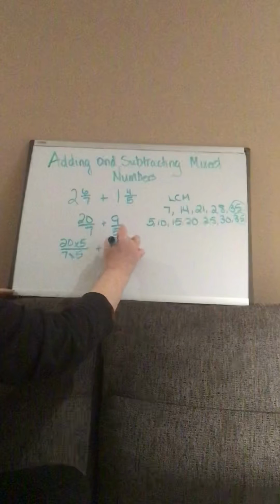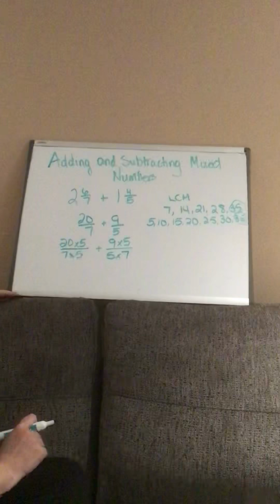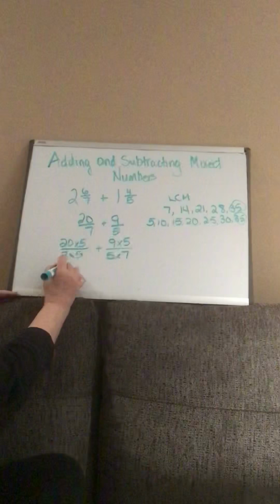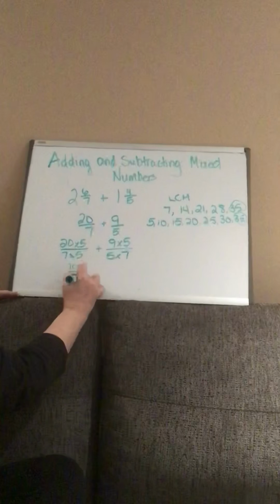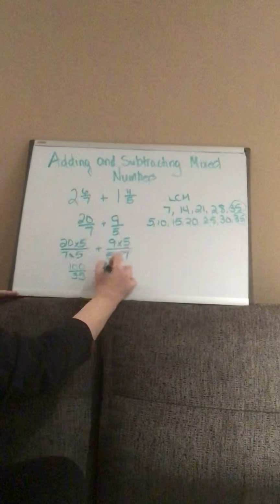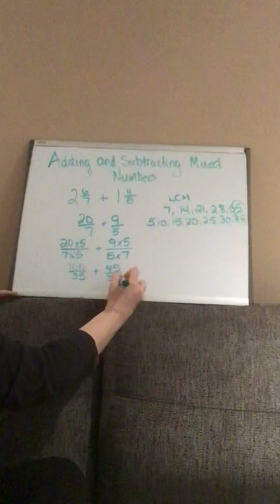So 9 times 5 is my new numerator. 20 times 5 is 100 over 35, plus 9 times 5 is 45 over 35.